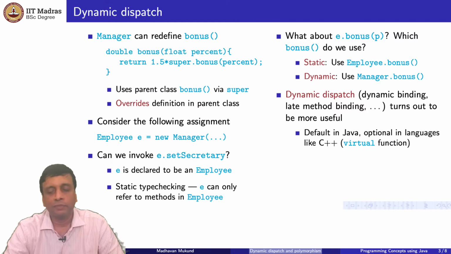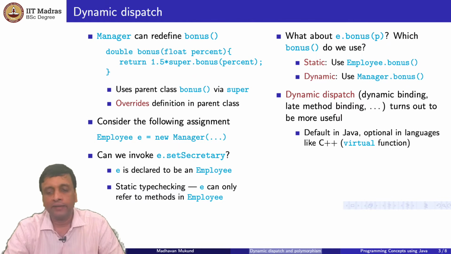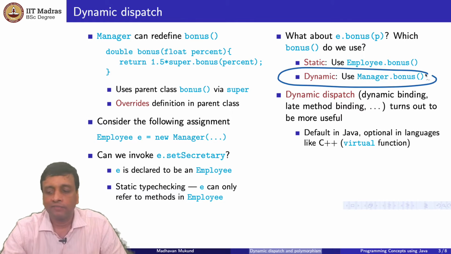Dynamic dispatch, which is also called dynamic binding or late method binding, essentially waits to see what the runtime type of the object is, and depending on the type of that runtime object, it chooses the most appropriate function with respect to that runtime type. So in this case, at runtime, it will see that E is actually a manager, and manager has an overridden definition of bonus, and therefore in this particular case, what we will get is this version.